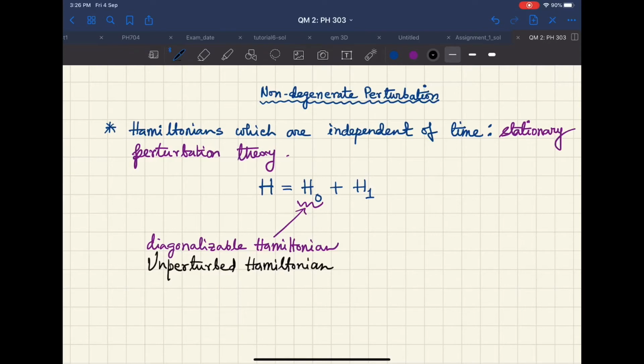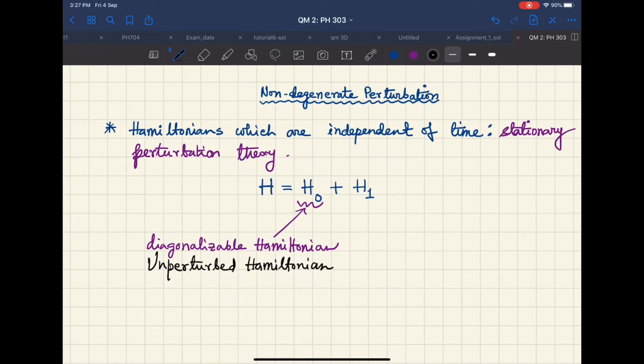For example, in the case of the harmonic oscillator, you had p square by 2m as the kinetic energy term, and then half m omega square x square as the potential energy term, and you write down the total Hamiltonian of the system, and then you try to solve for the energy eigenvalues and energy eigenstates of that Hamiltonian. So those particular problems for which you are exactly able to solve the Hamiltonian will construct this H naught.